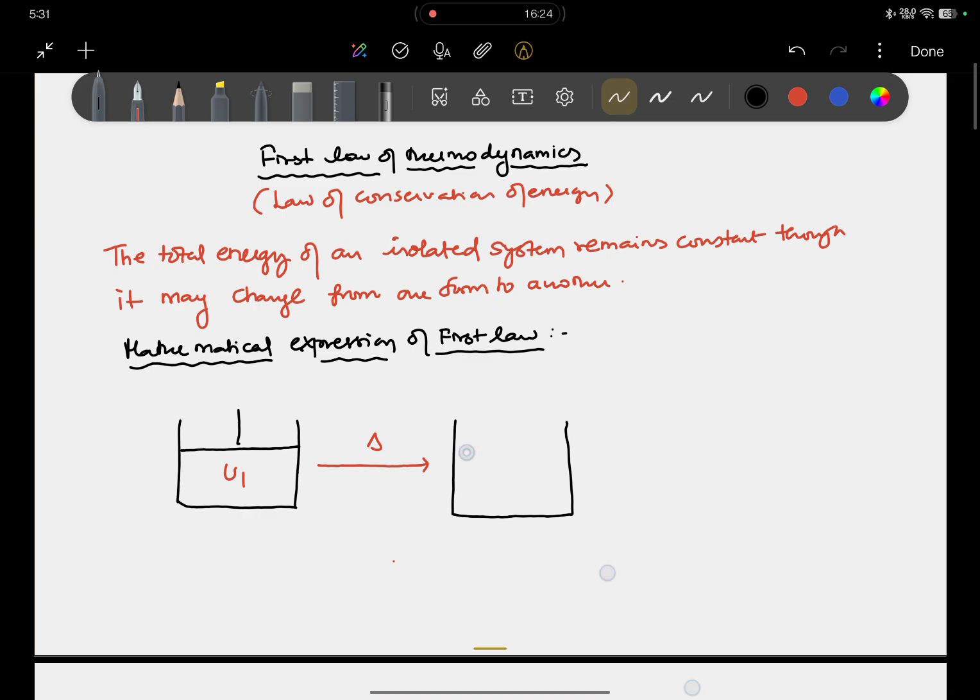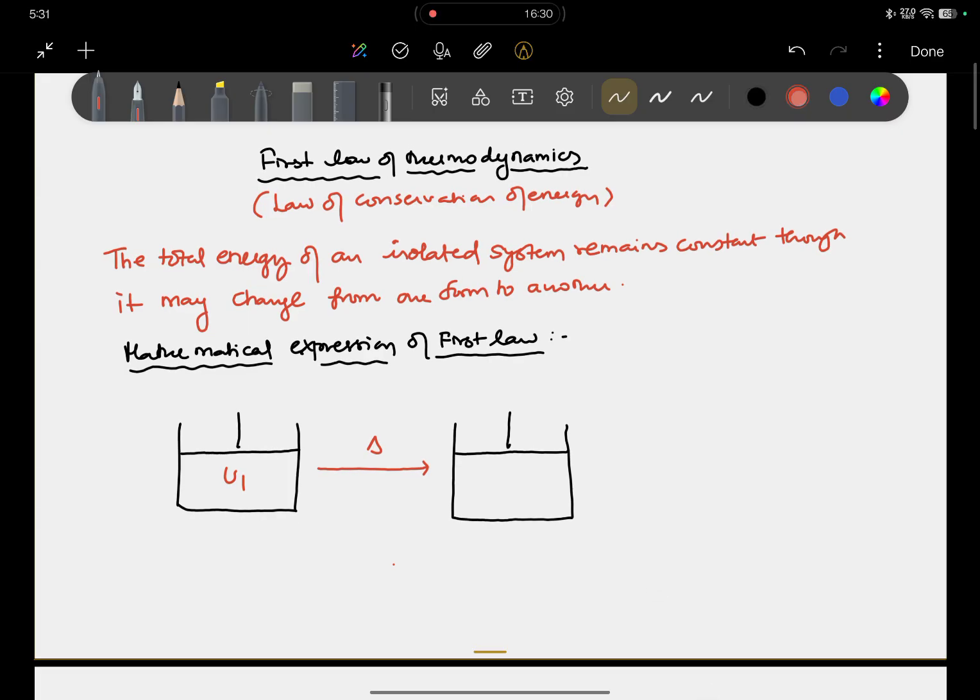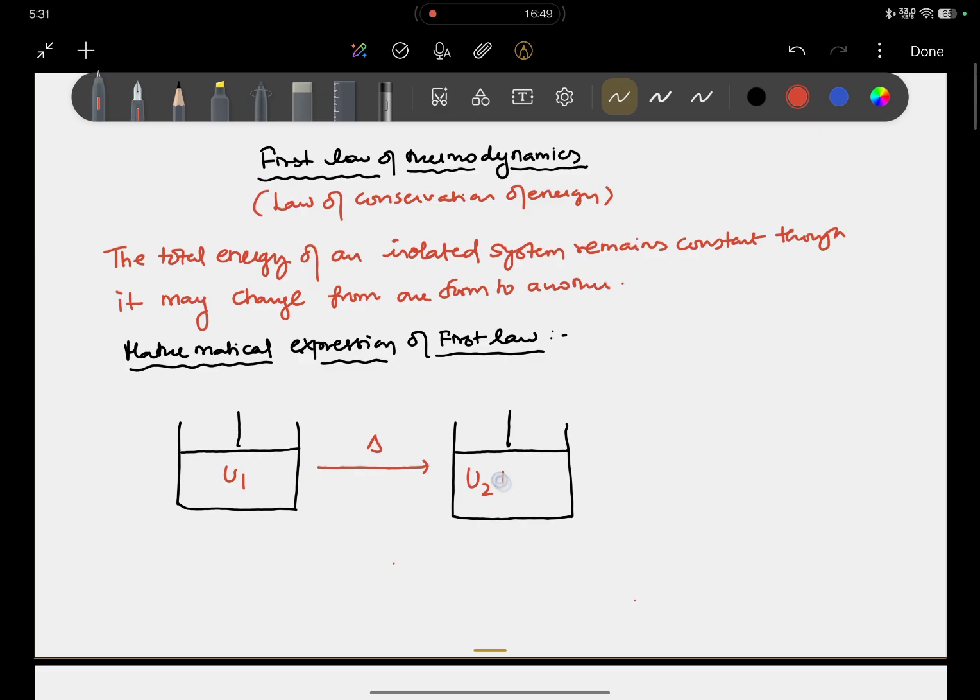So what happens automatically? There is an increase in the internal energy. So can I say U2? The internal energy is now U2. Along with U2, what has been added? Heat has been added, U2 plus Q, because I have added heat.